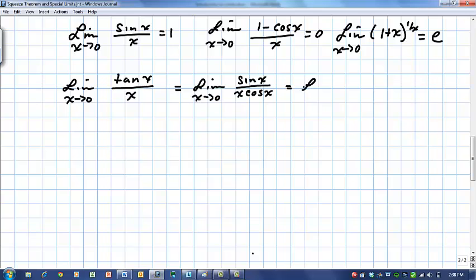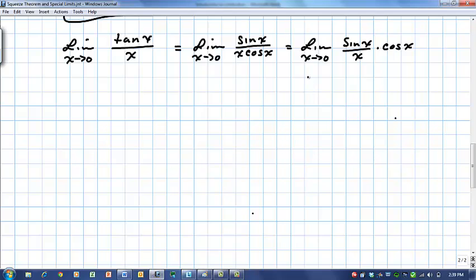Then I can split this up into the limit as x approaches 0 of the sine of x over x times the cosine of x. And now this is no longer indeterminate form because according to our first special limit that we proved, the limit of the sine of x over x as x approaches 0 is 1.